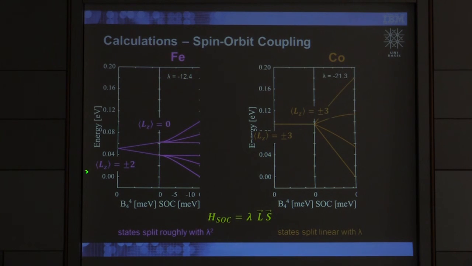Now, for iron, you can see, at least at the beginning, it's more quadratic with this spin-orbit coupling term that the splitting happens, while for the degenerate states of cobalt, the splitting happens basically linearly. And what remains is still a spin doublet that's almost a doublet for iron, and that's really, truly a doublet for cobalt.